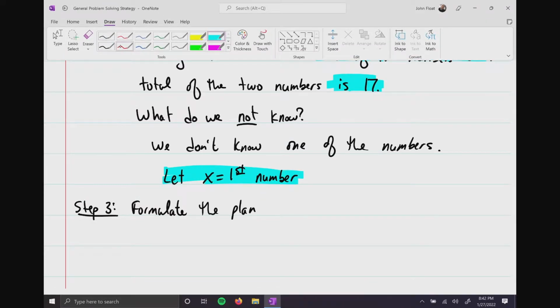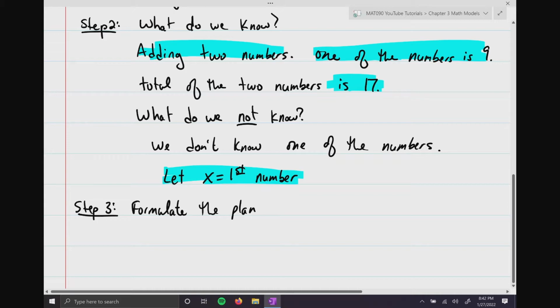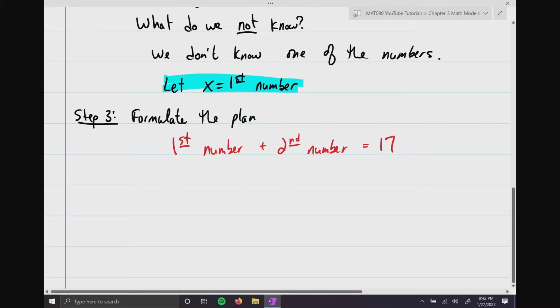So what I'm going to write, and I'm going to really draw this example out, is the first number plus the second number has to equal 17. The first number we called x. The second number was given to us. It is 9. So now we have x plus 9 equals 17, and there's our plan.